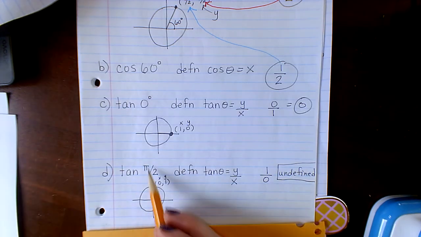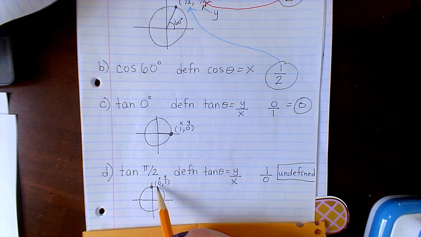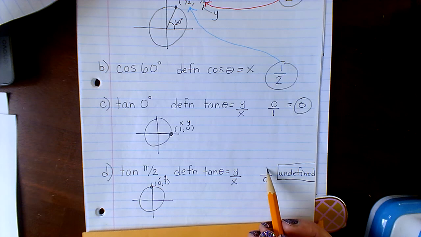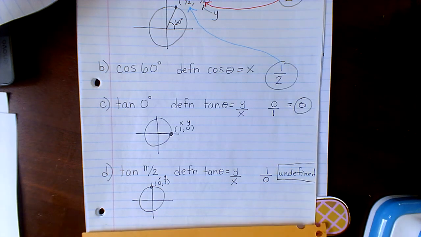So this point up here, this is 90 degrees. So that point on the circle is 0, 1. The tangent's defined as y over x. So y is 1, x is 0. 1 over 0 is undefined. It's not 0.